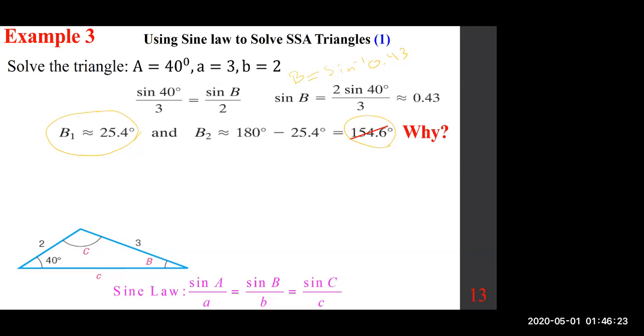In fact, I'm just making something up. That's not an answer, but let's assume it was 130 when you subtract it from 180, and that wouldn't be out. Does that help you see why 154.6 is out? If it was, for example, 130, it wouldn't be out, or 135, it wouldn't be out. Can anybody tell me why?